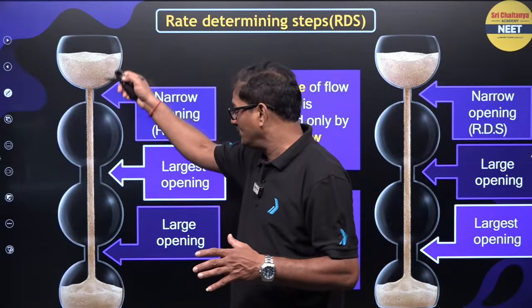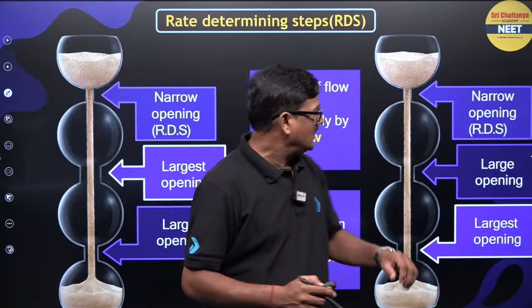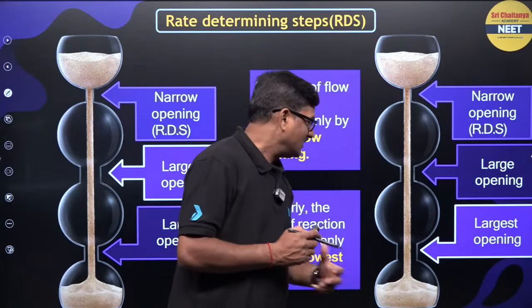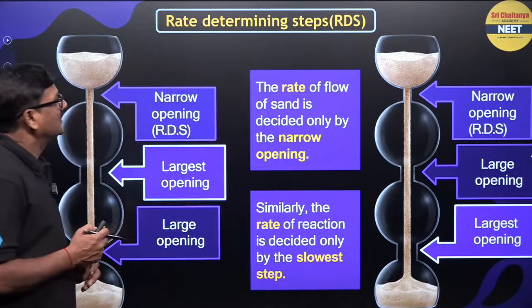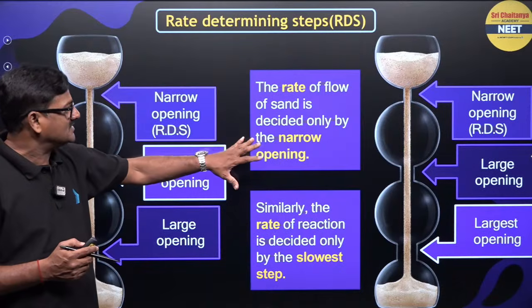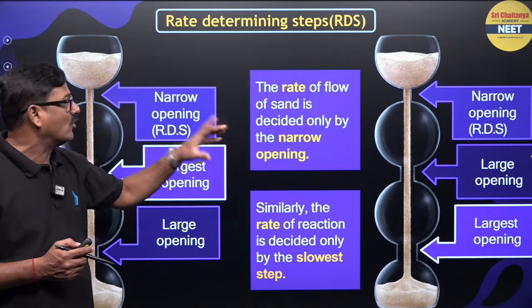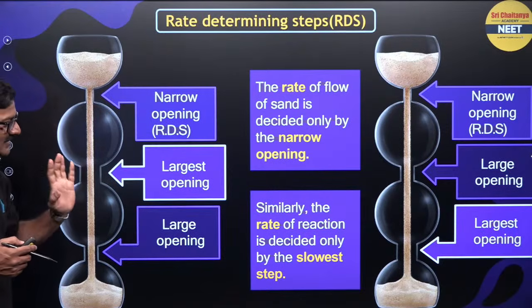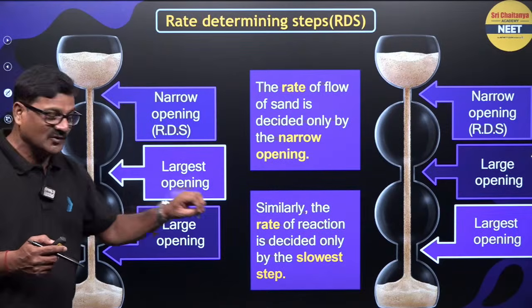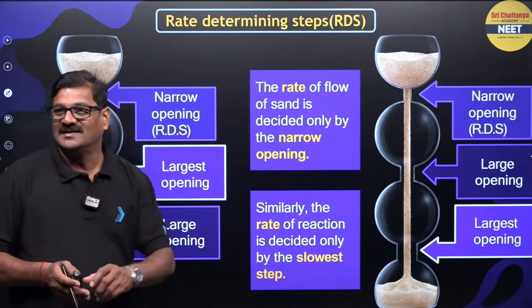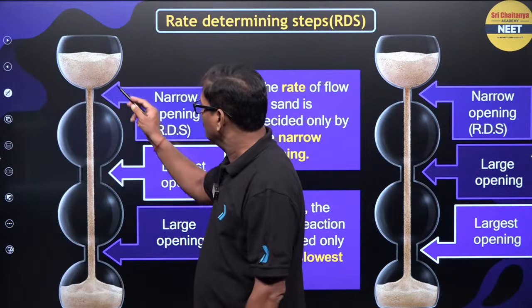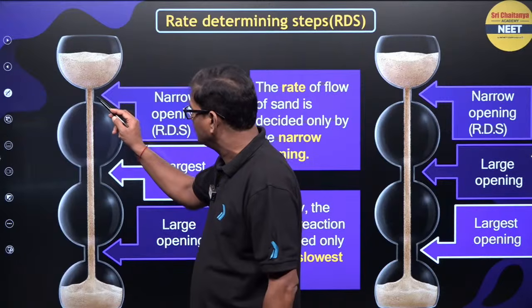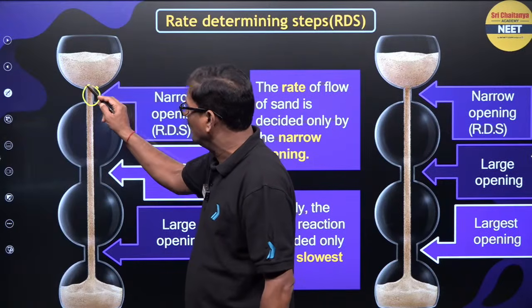I have given you 2 pictures, here and here, right? Let us say the rate of flow of sand is decided only by the narrow opening. This is the narrow opening. Similarly, the rate of reaction is decided by the slowest step. So the narrow opening, from here to here, this is the point.